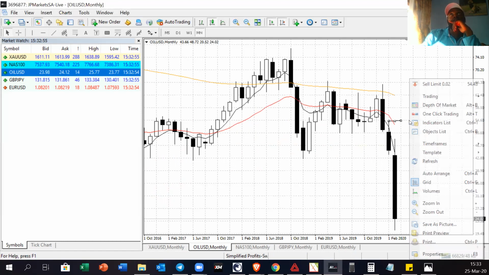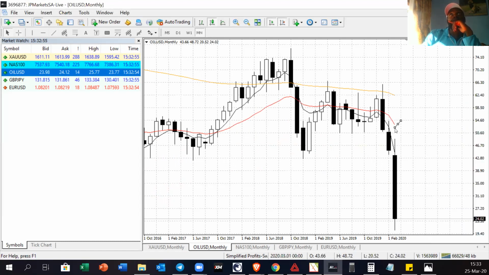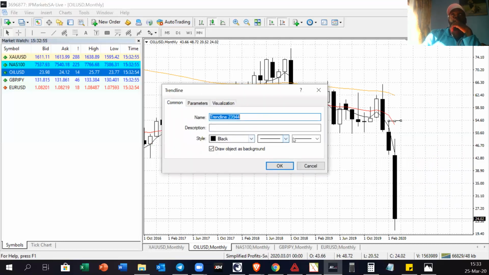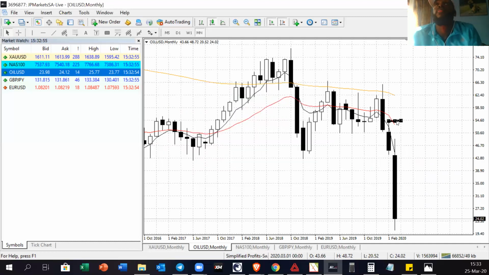So if we look there, we'll see that $54.50 is the high of Feb. So that's the previous week high. And then the previous month high.